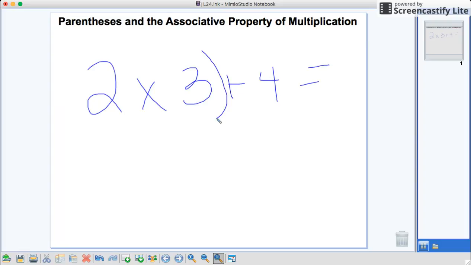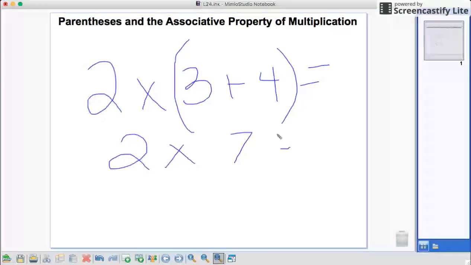What if we wanted, oops, put the parentheses in the wrong spot. What if we wanted to do the addition first? We would do 3 plus 4 and get 7 times 2 and get an answer of 14. So you notice the parentheses changed the answer that we got for this particular problem.